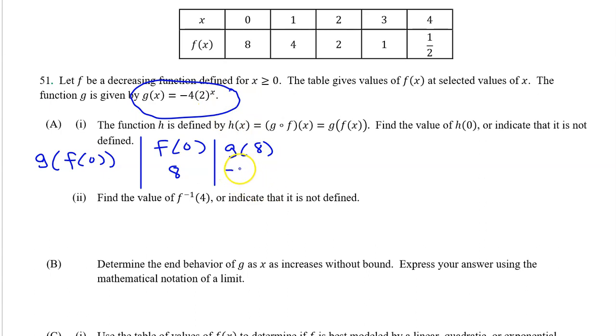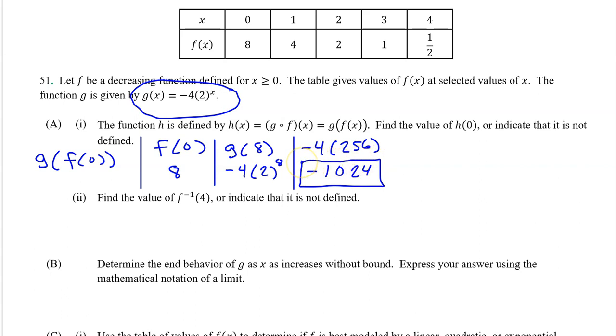So this will be negative 4 times 2 to the 8th power. 2 to the 8th power is 256. So negative 4 times 256 gives negative 1024. So that's it for part A1.